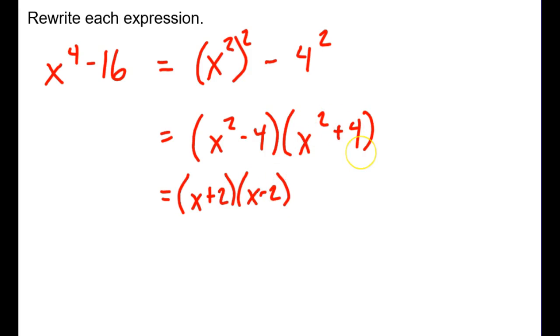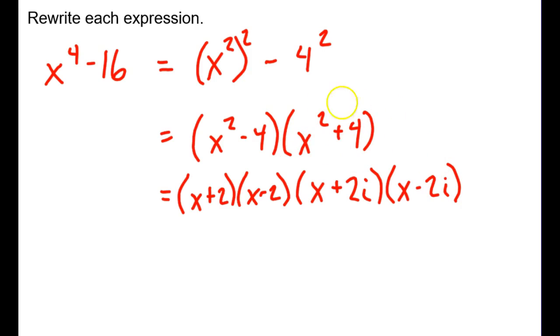X squared plus 4, that is not going to factor nicely, but we have talked about this previously when referring to complex numbers. If we have a sum of two squares, we know there's going to be some imaginary numbers involved. This will factor into x plus 2i times x minus 2i.